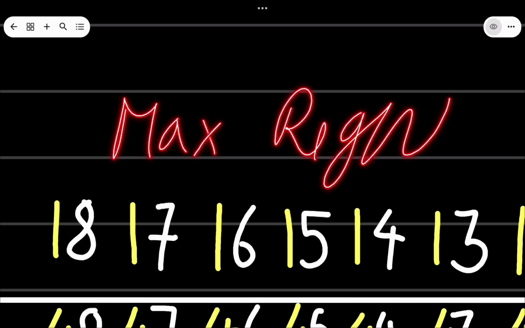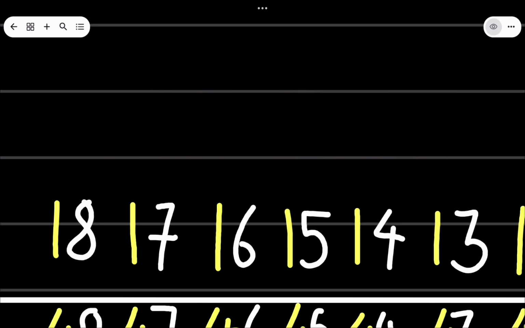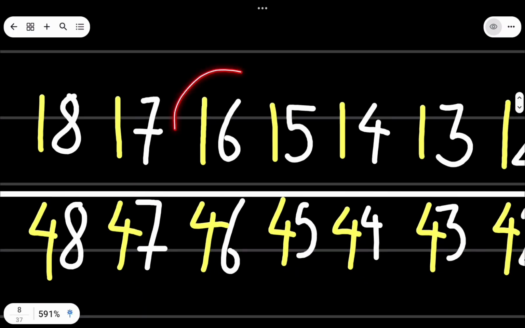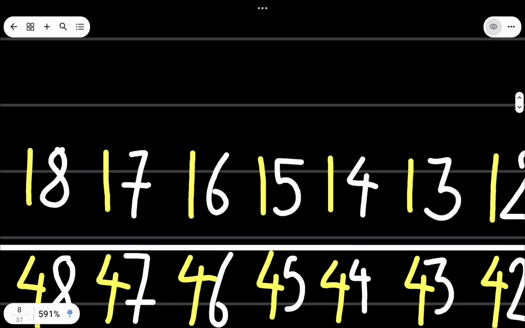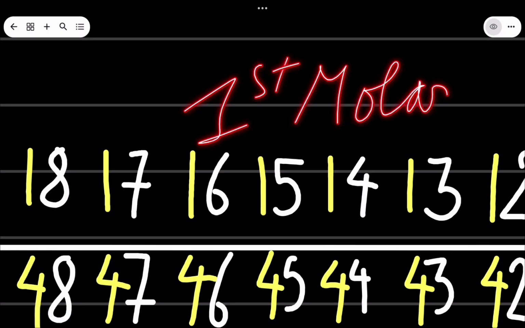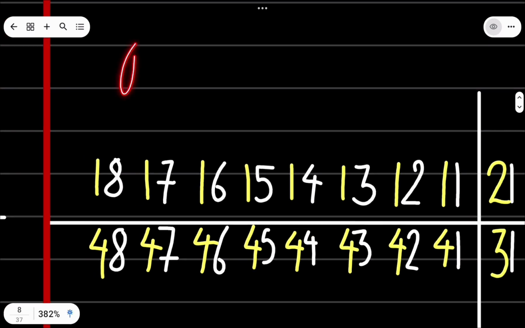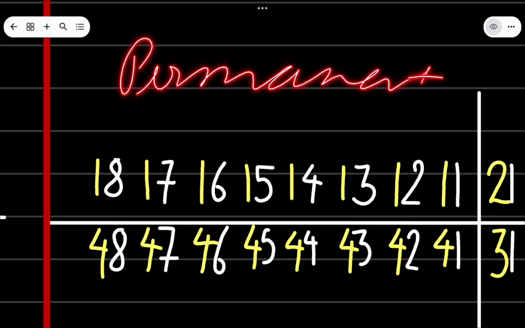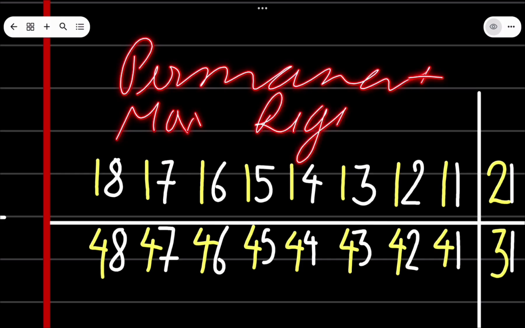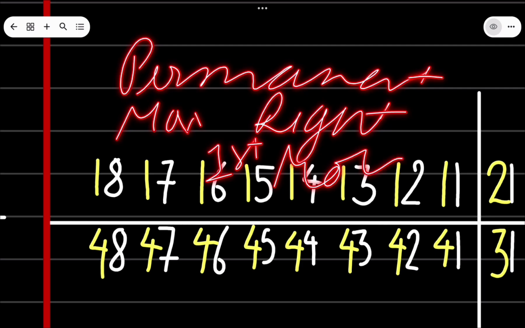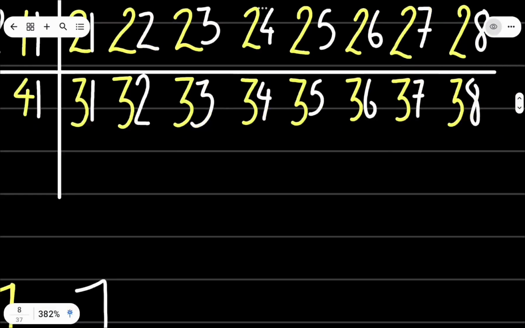So we got the first 3 names correct. It is a permanent maxillary right. Now what is number 6? Here number 6 will represent the first molar. So the entire tooth name will be permanent maxillary right first molar.